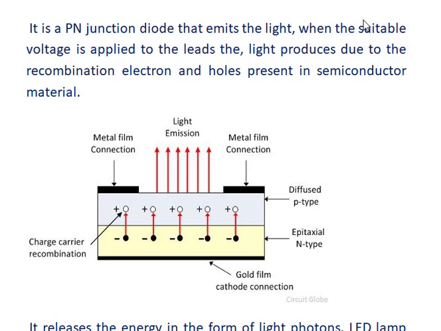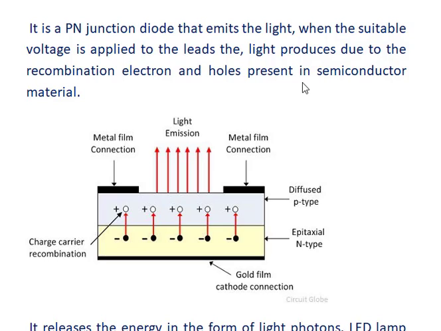Germanium and silicon are only used to construct the ordinary PN junction diode and Zener diode. But for the light emitting diode, germanium and silicon are not used, as they produce heat during the recombination of the charge carriers in the p-type and n-type material.